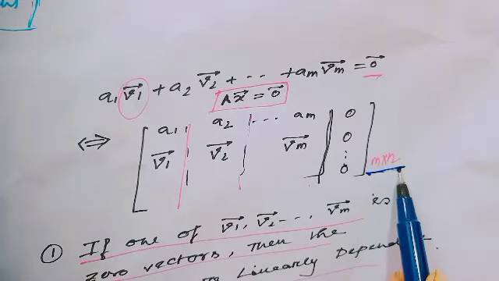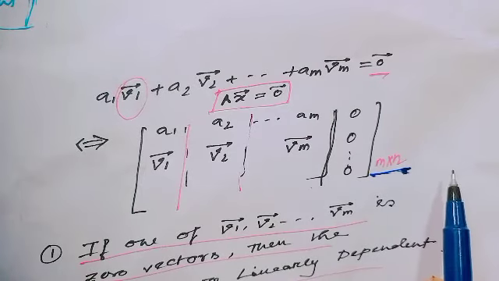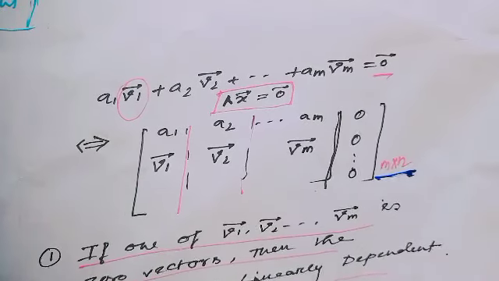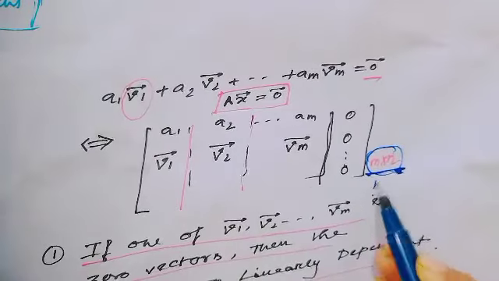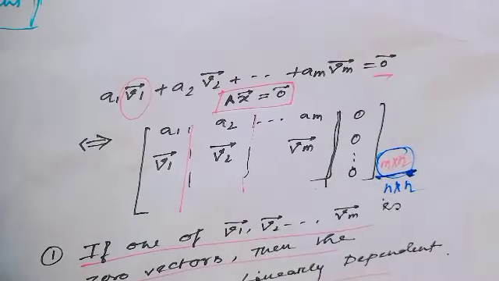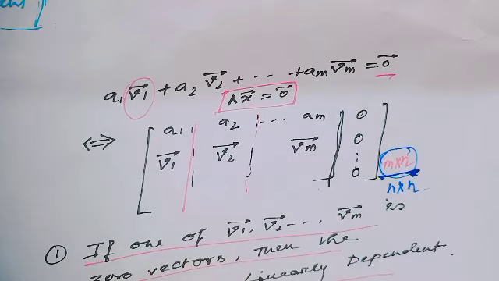To find linear independence for this, I have applied rank. But when the matrix is n cross n, meaning a square matrix, then to find linear independence or dependence, I will apply the determinant.